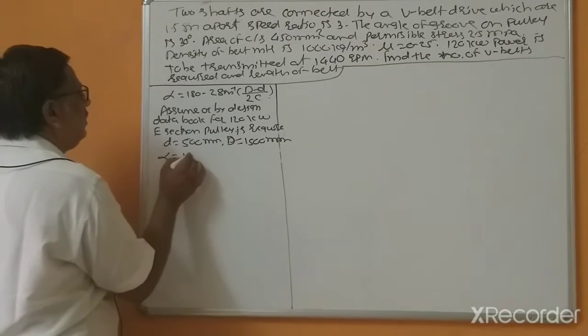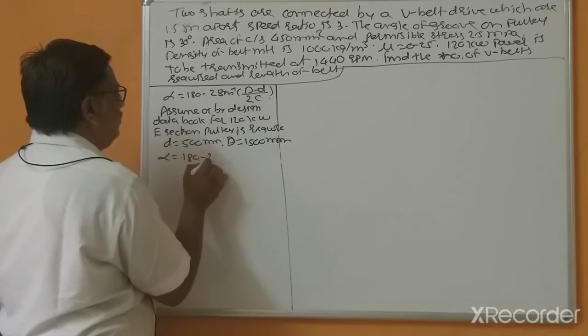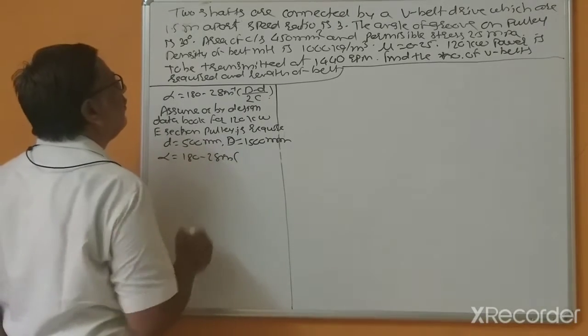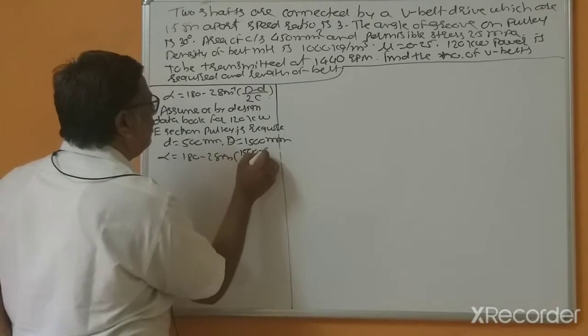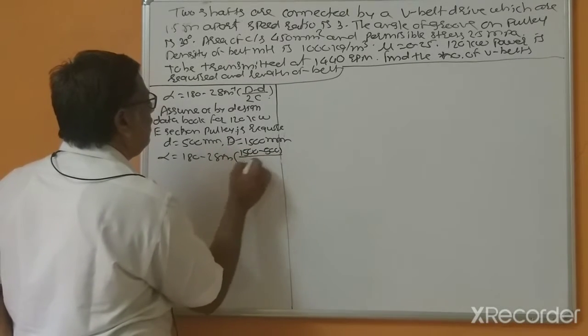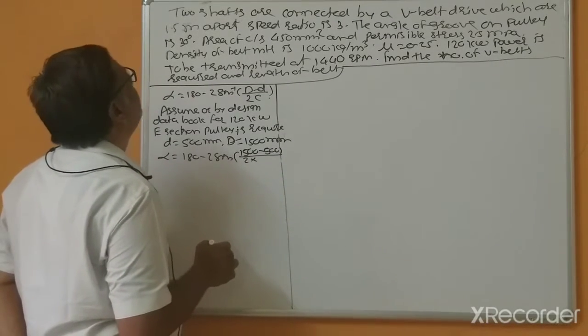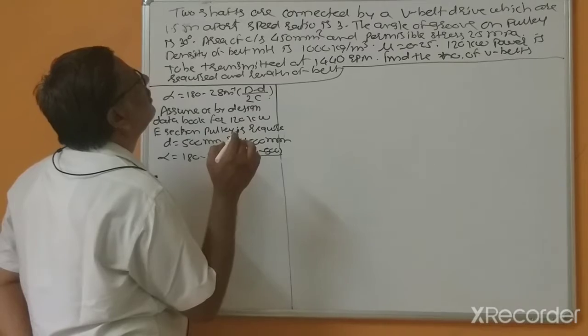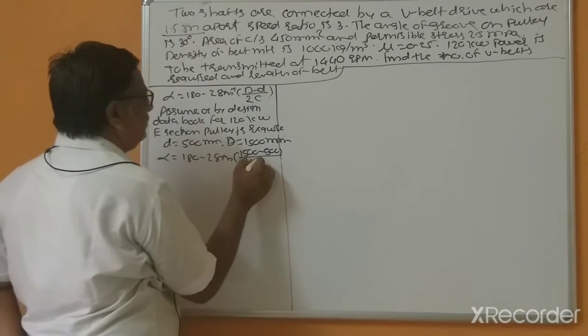So alpha equal to 180 minus 2 sine inverse of (1500 minus 500) divided by 2 into center distance 1.5 meter.